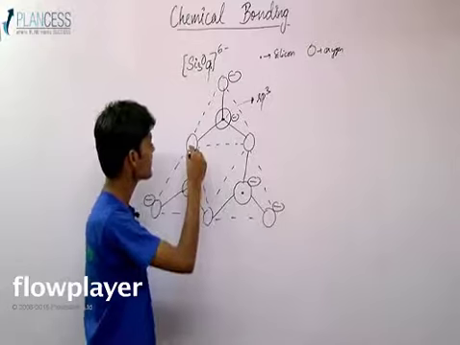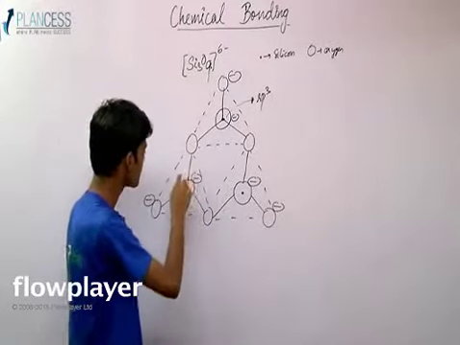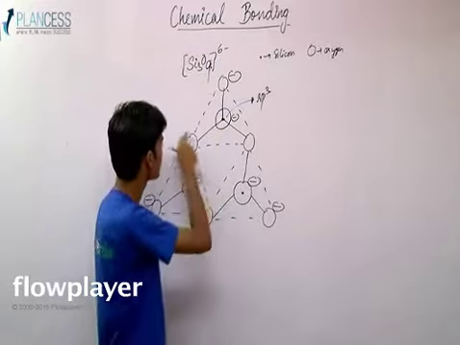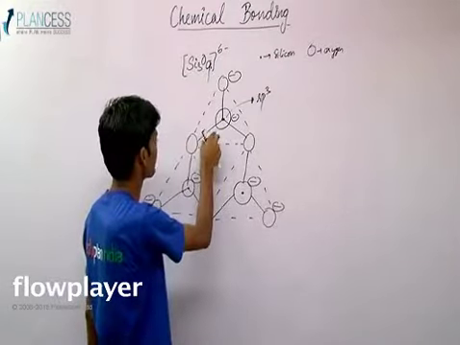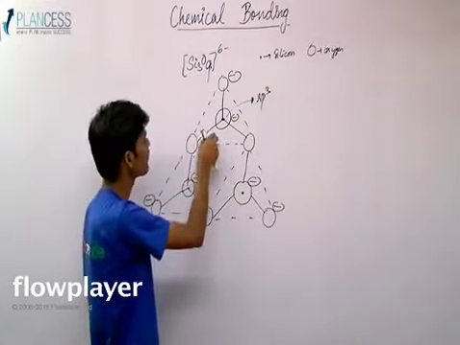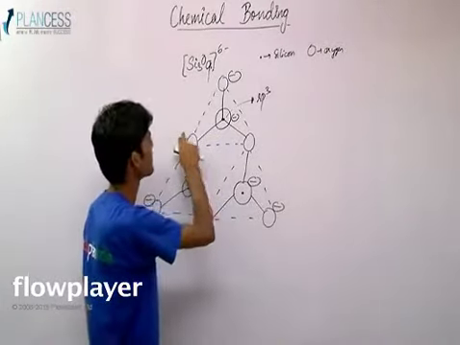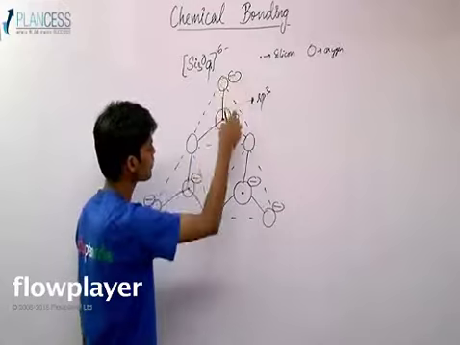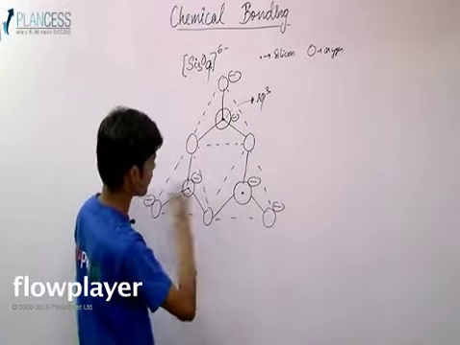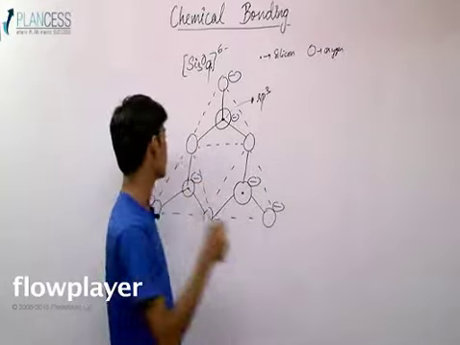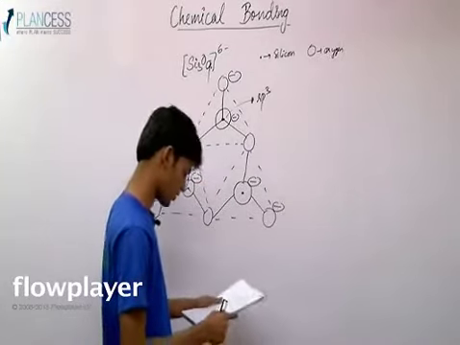One thing to note is that the oxygen which is shared, making bonds with two silicon atoms, should not have the negative charge because it is fulfilling its octet, or its minimum required conditions. The negative charge should be on those 6 oxygen atoms which are bonded with only one silicon atom.